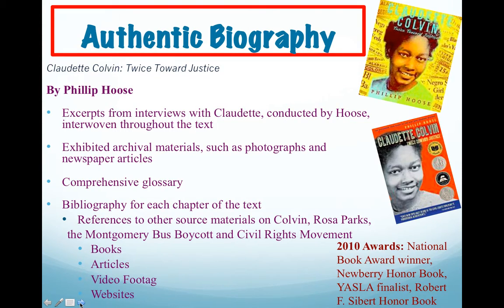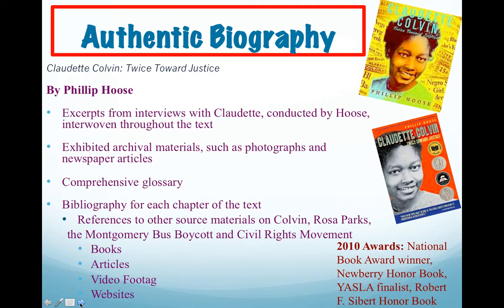There's also authentic biography, Claudette Colvin: Twice Toward Justice. Really great book. It unveils the truth behind the Rosa Parks story, which was that it was actually Claudette Colvin who was the first person to refuse to move from the white part of the bus during the civil rights movement, but she could not be the figurehead that Rosa Parks could be.